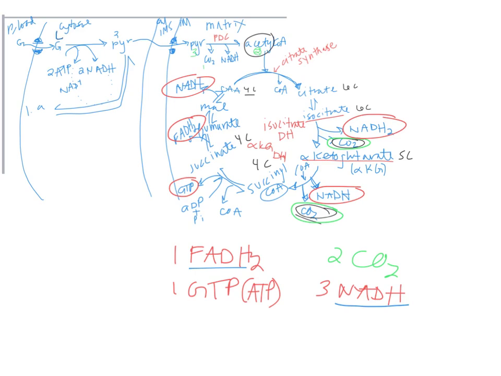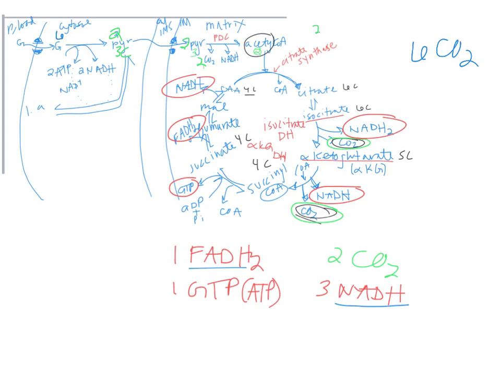But let's go back and take stock just one more time. Glucose has 6 carbons. So when all is said and done, we have to have 6 CO2s. Okay, just roll with me on this one. It goes to 2 pyruvates, and each of those has 3 carbons. Let's just say both of those pyruvates go into the matrix. So I get 2 pyruvates going in here, so I should have 2 CO2s there.